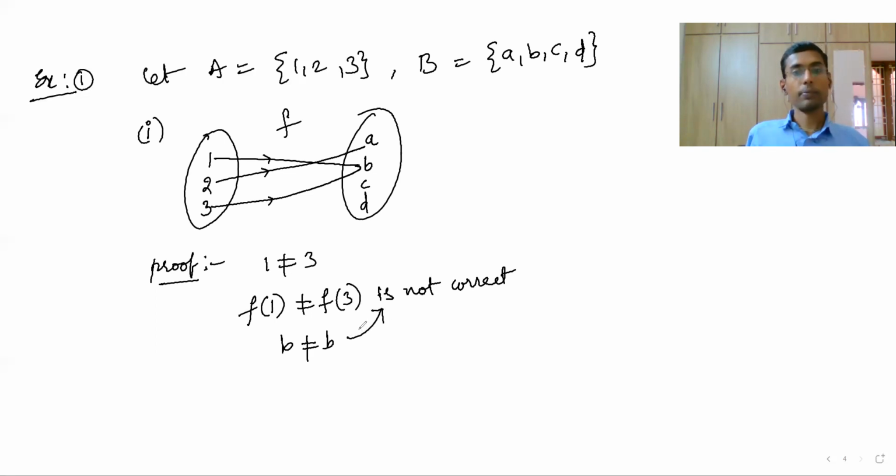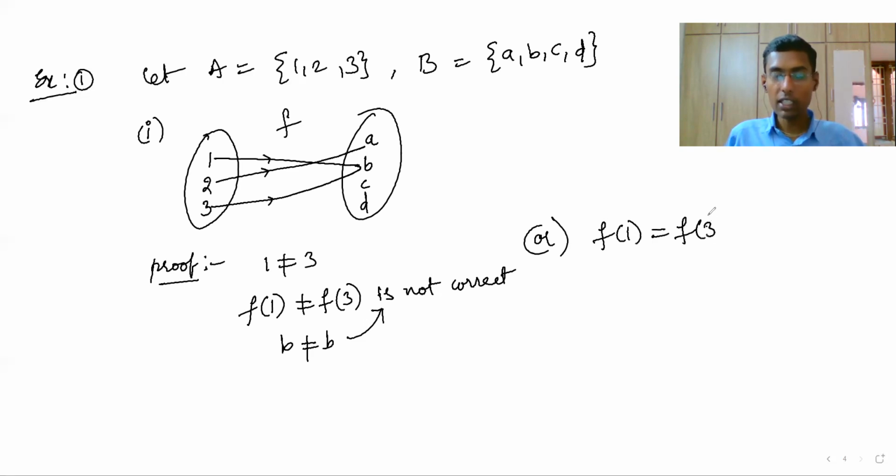You understand? Yes, sir. Or another way I said, see like this. f of 1 equal to f of 3. Yes or no? See, f of 1 is B, f of 3 is also B, f of 1 equal to f of 3. But then what do we have to prove? 1 equal to 3 we have to prove. Yes, sir, but 1 is not equal to 3.